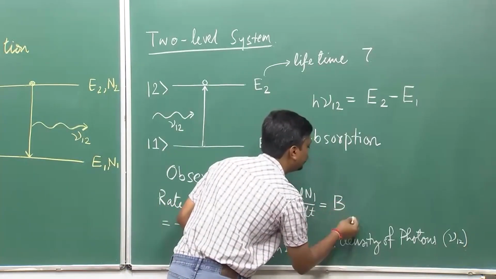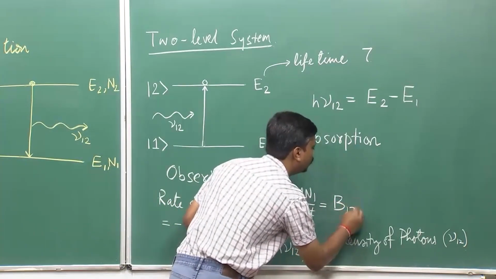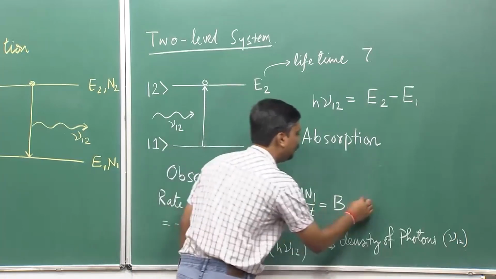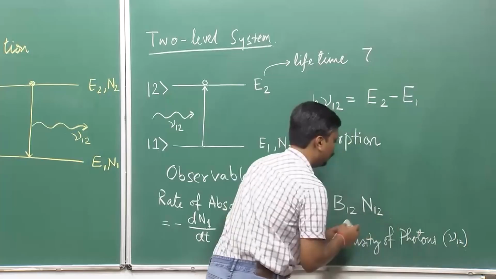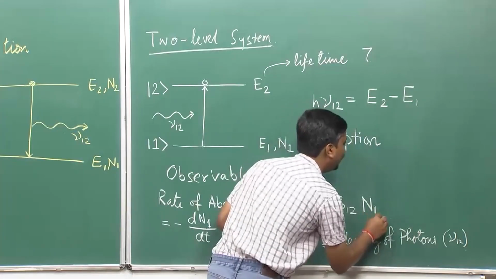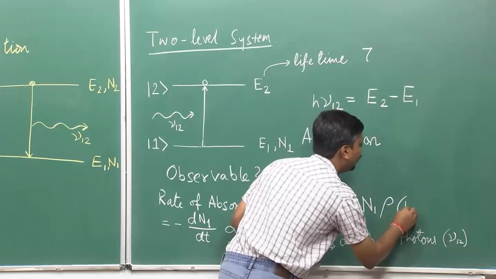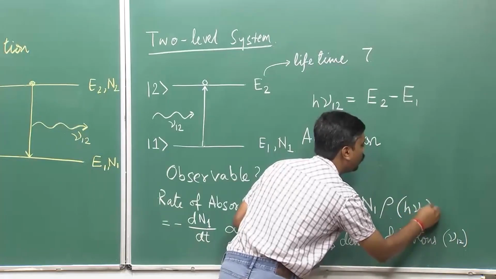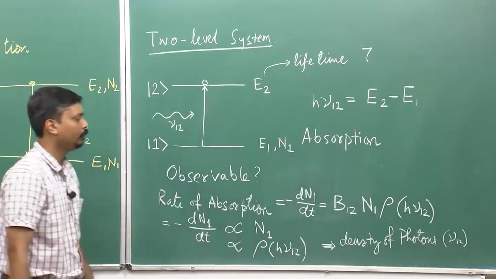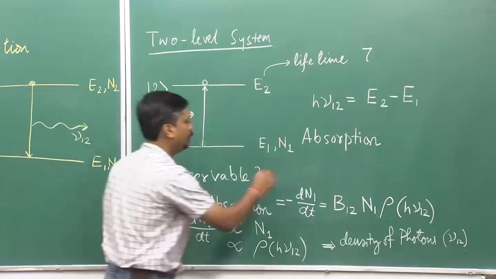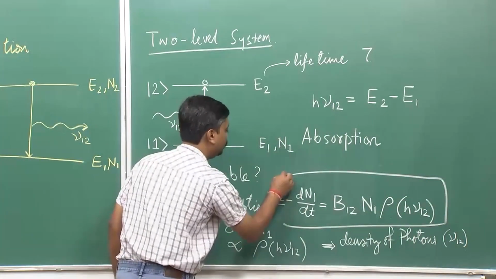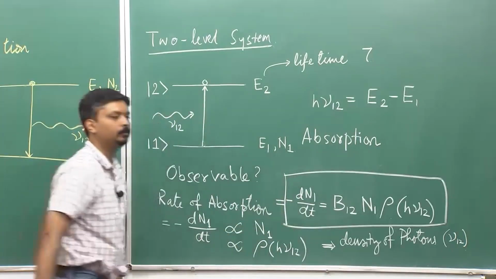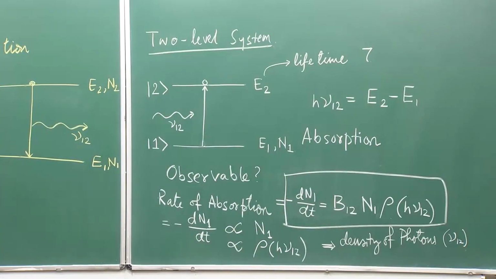Let me call that constant B12, multiplied by N1 and rho of h nu 1 2. So this is my rate of absorption. Fine, we got what is the rate of absorption.